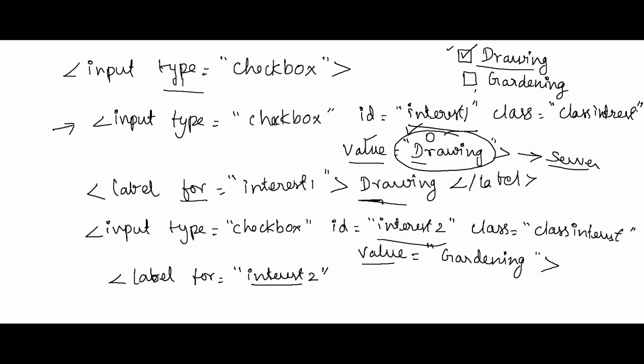Make sure this 2 is spelled correctly. Sometimes we miss the spelling so that it won't work. In the initial days we will get some confusion in this. So make sure to copy and paste this value so that you won't get any confusion. So here I am going to give gardening.